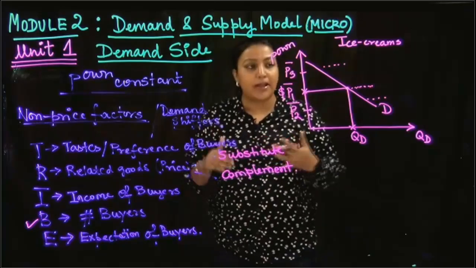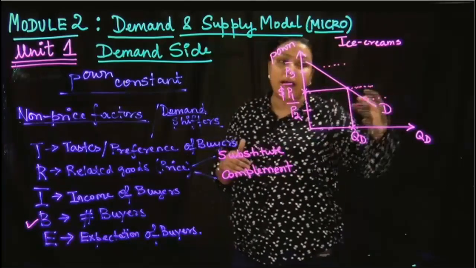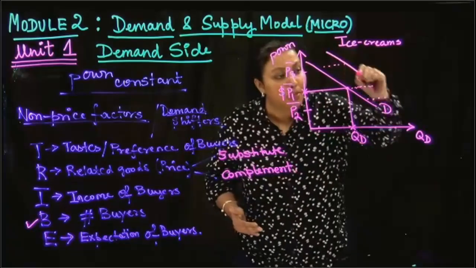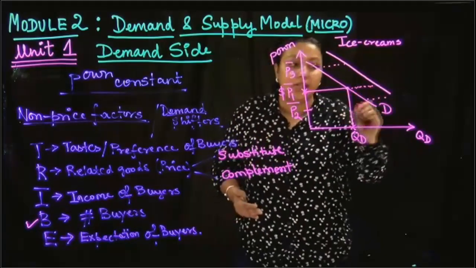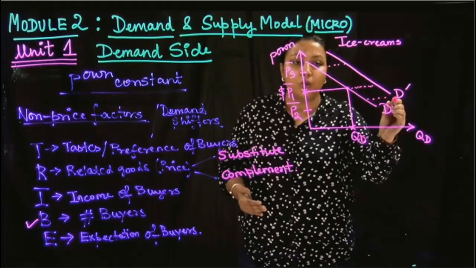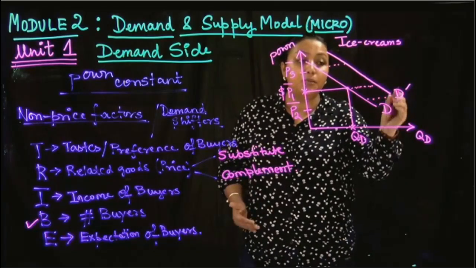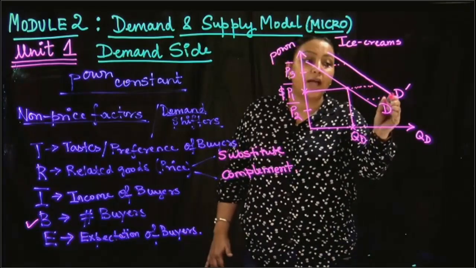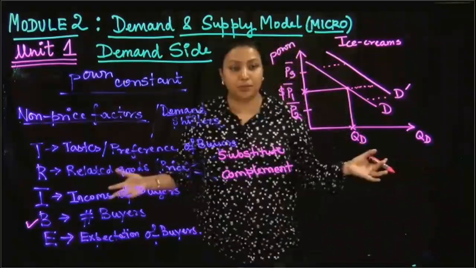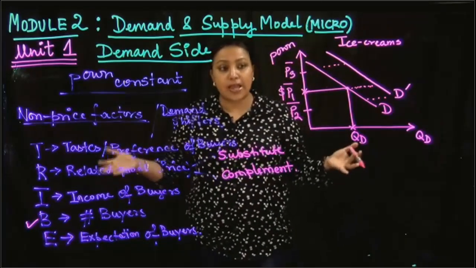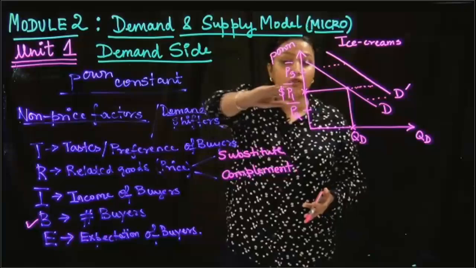And the only way that this additional quantity demanded could be represented is through a new demand curve, which is basically a demand curve to the right of the original one. In other words, this could be represented through a shift of the original demand curve to the right to something like D dash, right?